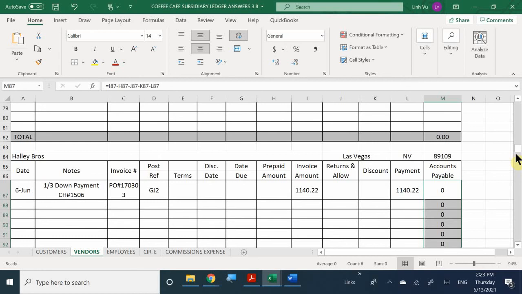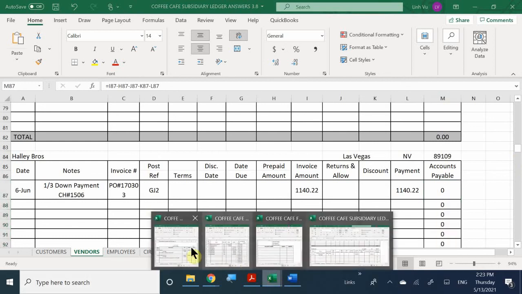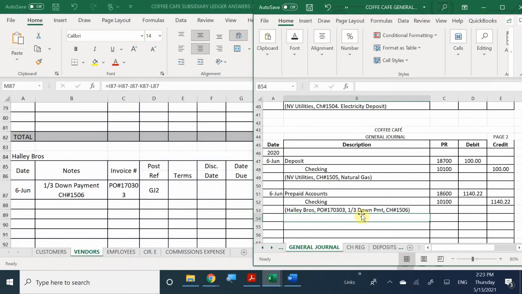Other things we need to do on our checklist: we journalized it? Yes, we did. We wrote the check. Yes, we did. We also entered in the purchase order. Yes, we did. We posted to the ledger. Yes, we did. We also posted into the subsidiary ledger. Yes, we did.